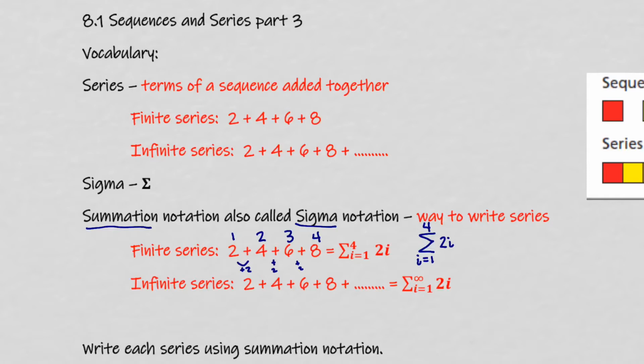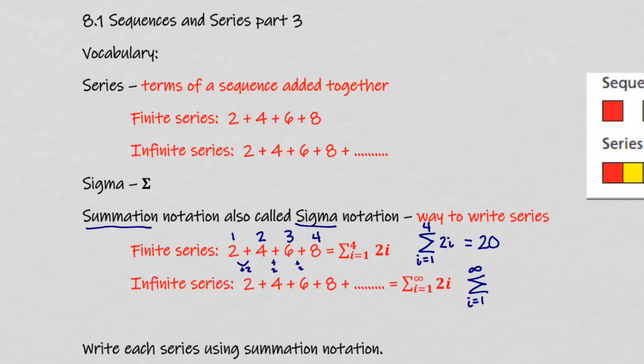Now in a finite series, we can actually get a sum. Like I said, this sum, because it has a beginning and an end, is actually 20. But in an infinite series, it has these dots. It keeps going forever. So on the top of our sigma is actually an infinity. Now we start at the first term.